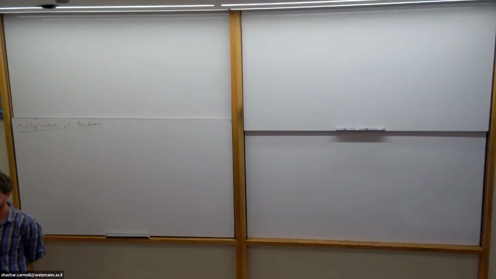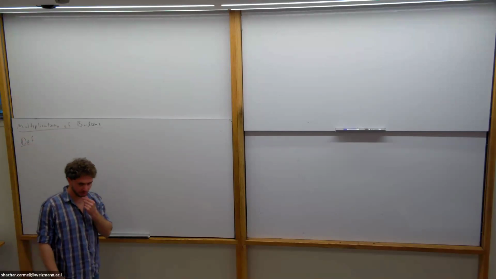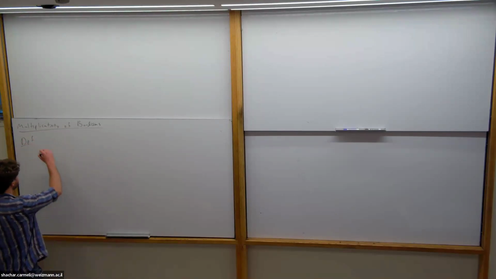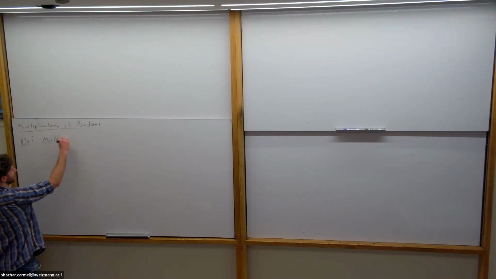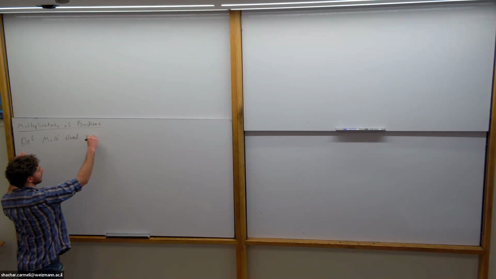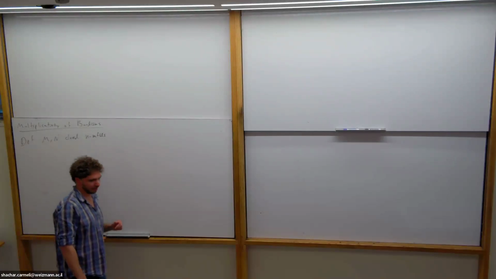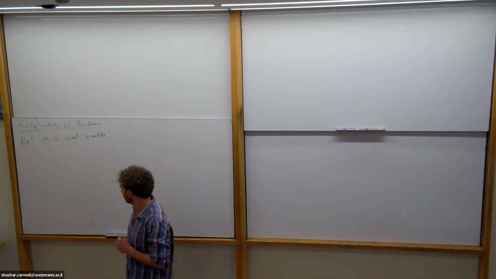So before anything else, let me define what a bordism is. Suppose we have two closed n-manifolds, meaning that they are compact and without a boundary.